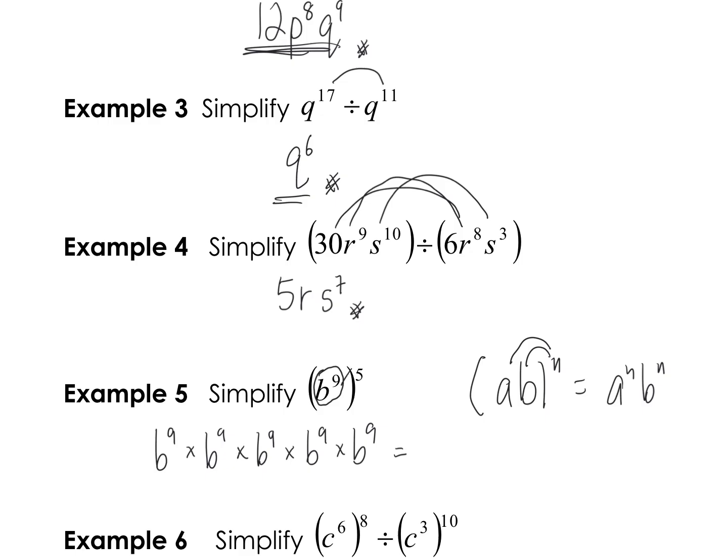You are multiplying the power with power. So when it's separated by a bracket, you are actually multiplying the two powers. So it's actually 9 times 5. So B to what? 45. Or you can see it as 9 plus 9 plus 9 plus 9 plus 9. Okay? So whenever you have separation by a bracket, power multiplied by power.